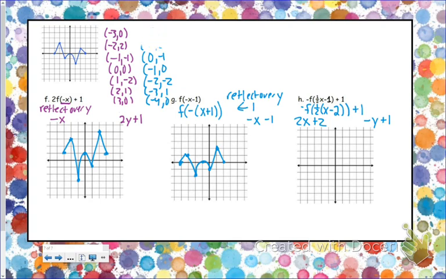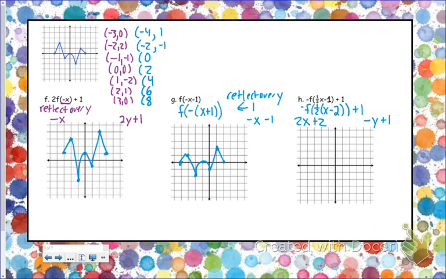So applying those changes: 2 times x plus 2, so negative 6 plus 2, negative 4 plus 2, negative 1 times 2 plus 2. We're going to go a little bit off the graph, and that's okay. For the y-coordinate, make it negative, add 1.